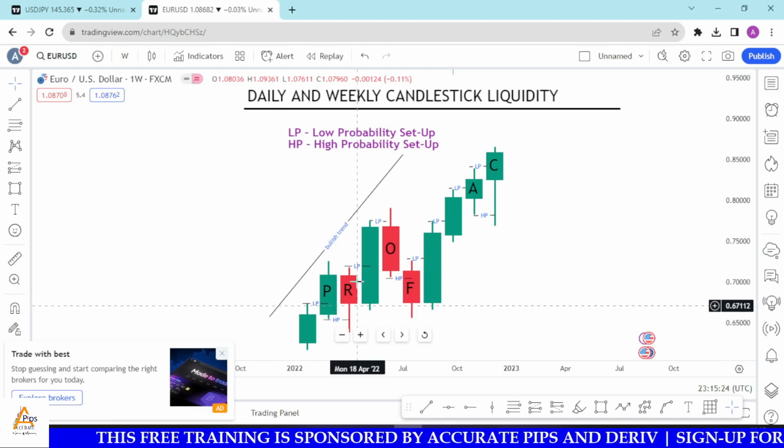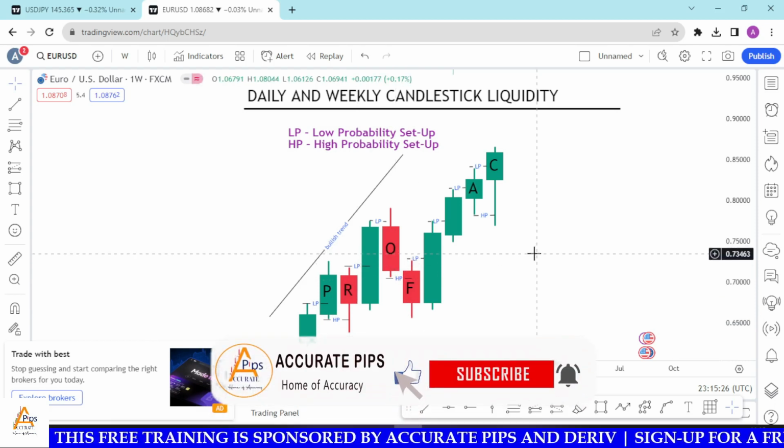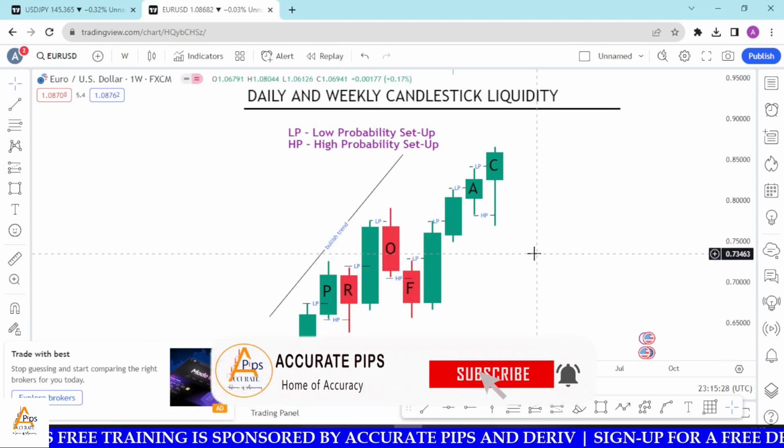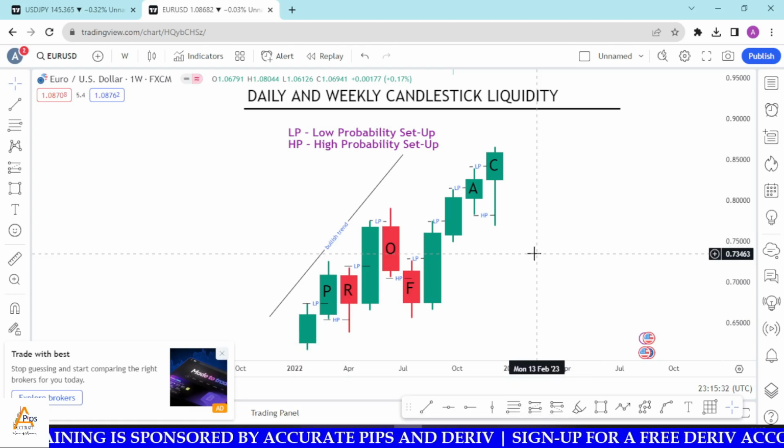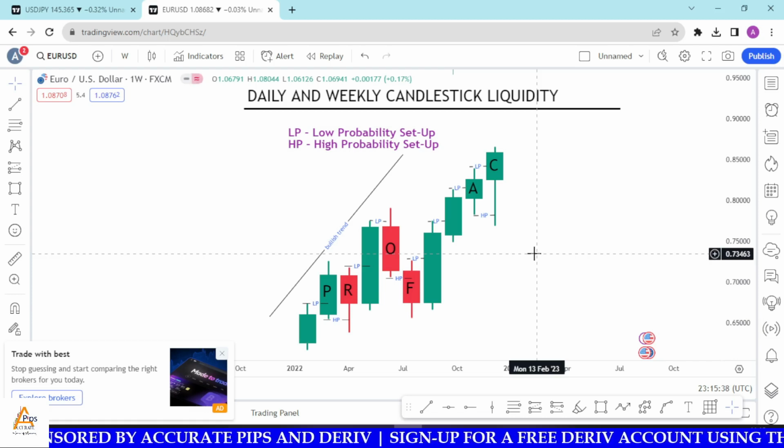All right, so now let's look at the second scenario. Now I will explain it in terms of bearish trend, but let me finish with the bullish, because it's just the opposite of whatsoever I'm explaining on the bullish trend.